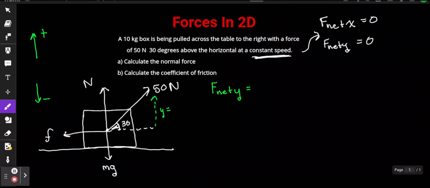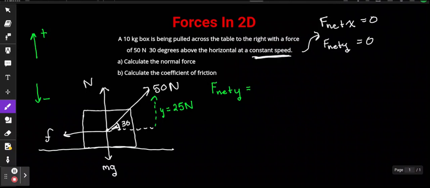If you remember from our vector video, the way we do that is we take the magnitude of the force, which is 50 newtons, times the sine of our angle, sine 30, and that's going to give us 25 newtons.